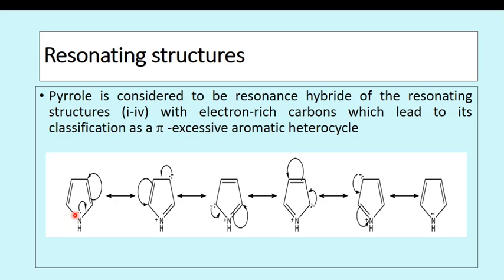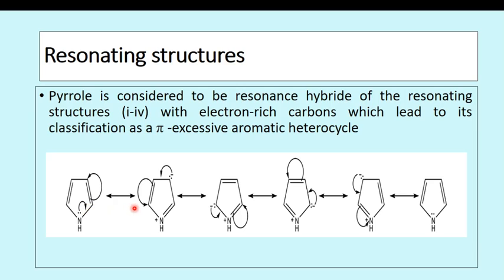The resonating structures in pyrrole are due to the presence of the lone pair on nitrogen, which is very important for showing the different resonating structures. Due to the delocalization of this lone pair, pyrrole shows different resonating structures. Initially there is a shifting of this lone pair to the nearest carbon atom.